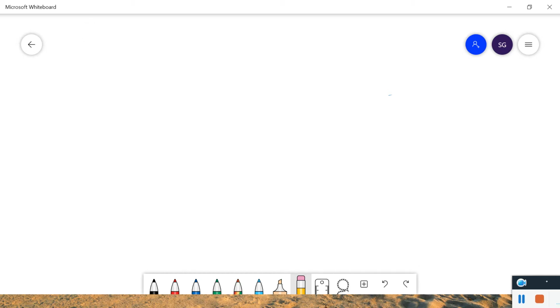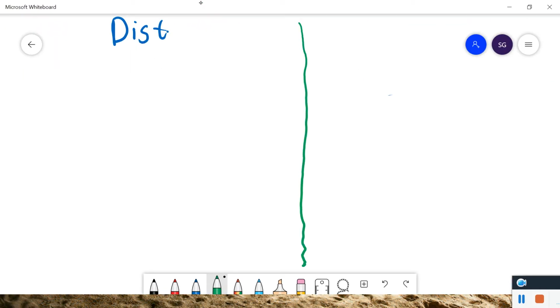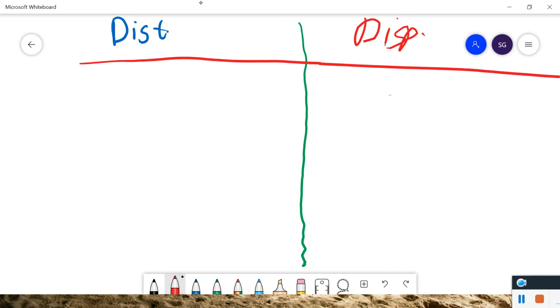distance and displacement. Let's notice the key difference.